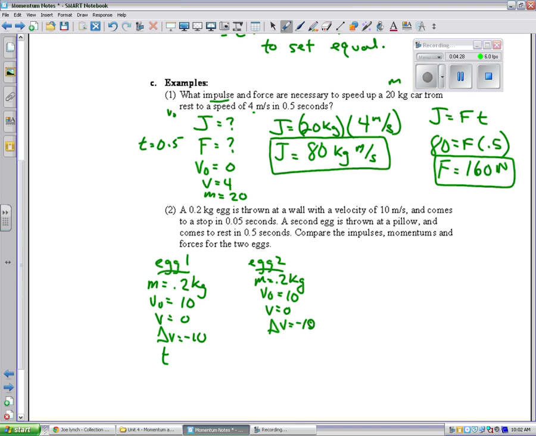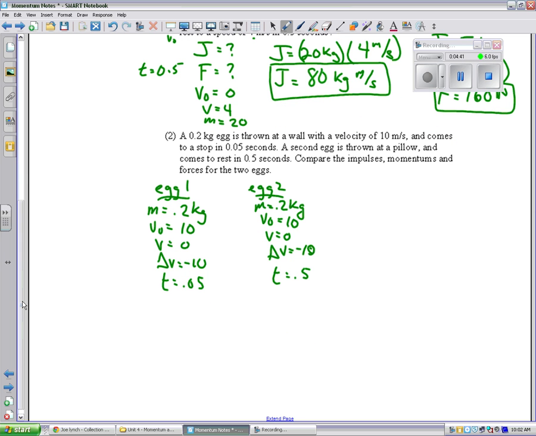Now, the time for the first egg is shorter because when it hits a wall, it stops really quickly, so 0.05 seconds. And the time for this one is 0.5 seconds. And we want to find the change in momentum, the impulse, and forces on each of them. So we'll start with this. J is M delta V. So M is 0.2 times delta V is minus 10.